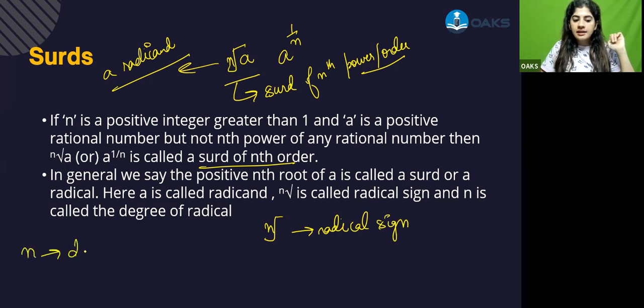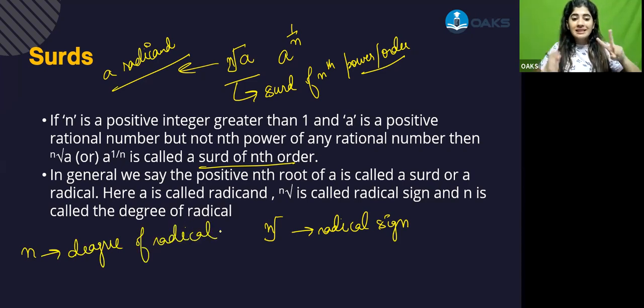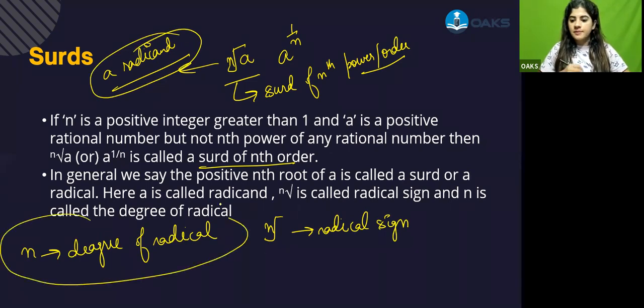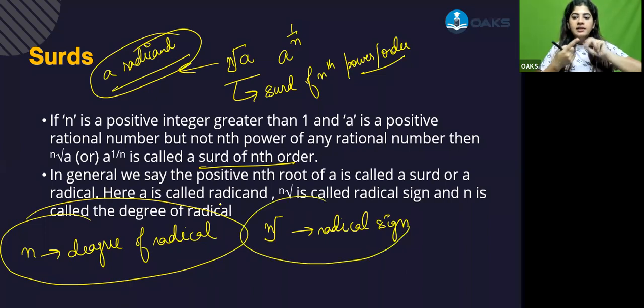N is the degree of radical. Just remember these three things, I'll be asking them after some time. Radical sign, radicand, and degree of radical. You must know these things.